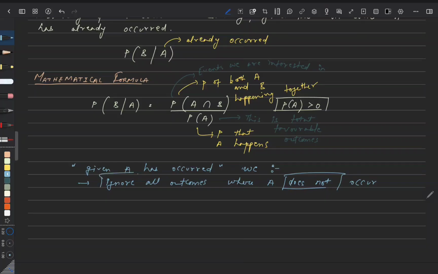We are ignoring all the outcomes where A does not occur, and we treat A as our new sample space.